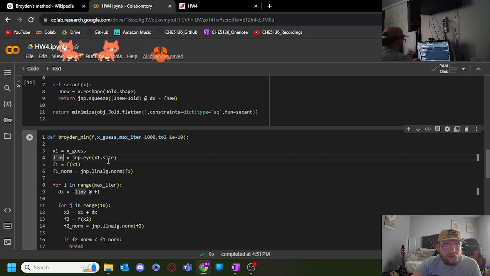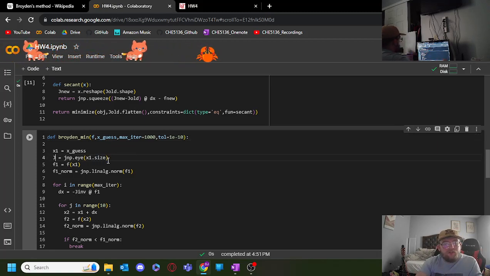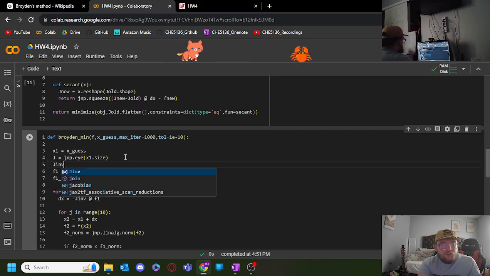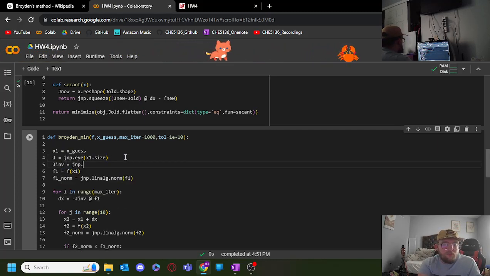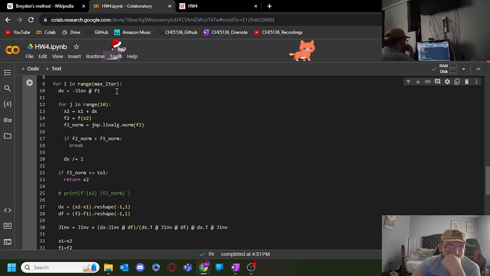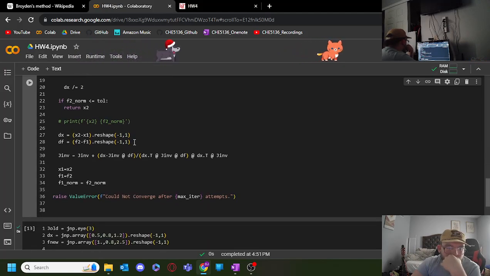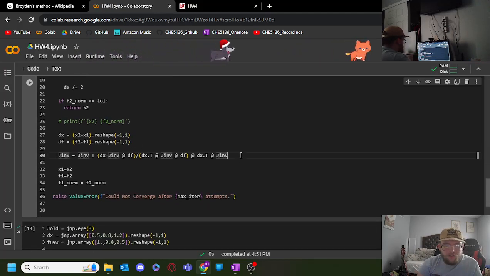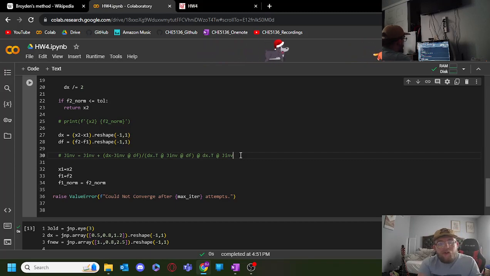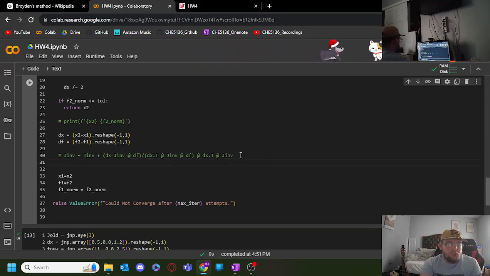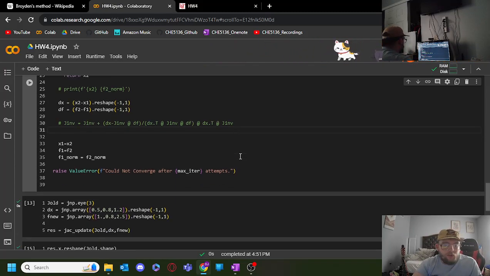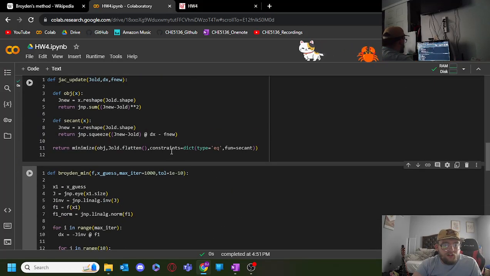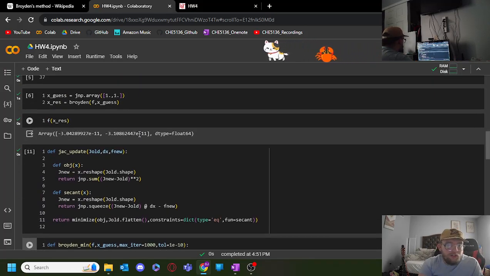So instead of J inverse like that, we're going to do J inverse equals jnp.linalg.inv of J. And instead of doing it like this, we are going to use that jack update that we've made.